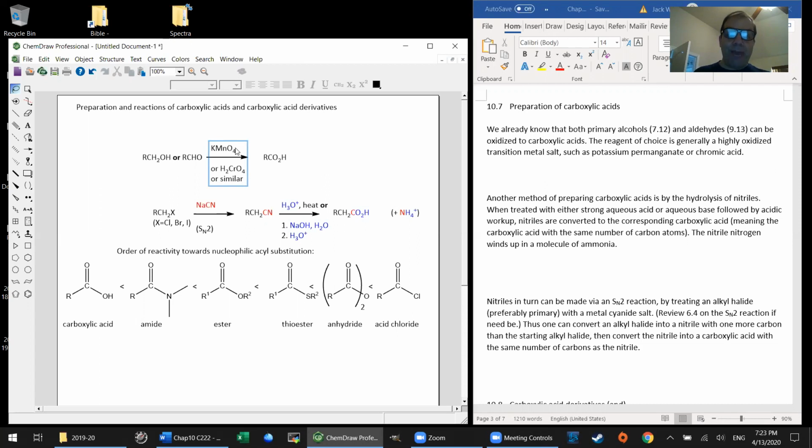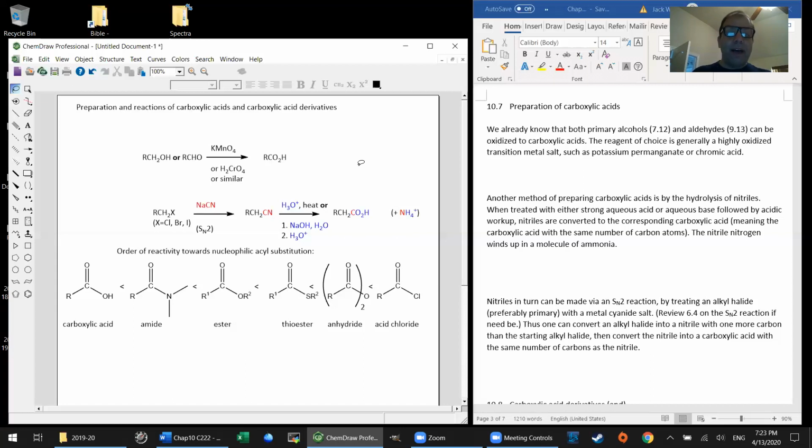But potassium permanganate with its manganese in the +7 oxidation state, or chromic acid where it's chromium +6, these are amongst the strongest oxidizing agents known. And both will oxidize either a primary alcohol or an aldehyde to the corresponding carboxylic acid. And we covered that in earlier chapters.